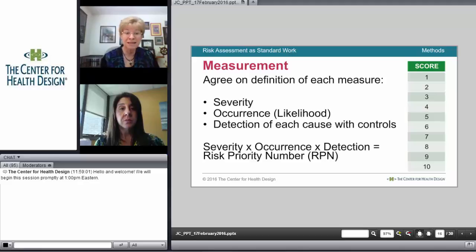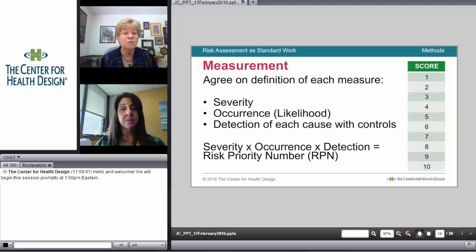A 4 could be that it happens 4 times a year. That way, everybody truly is using the same system. They're not just subjectively saying, oh, it feels like an 8. That's one thing you want to be sure about. And then you multiply each of these numbers. How severe is it? If it's a 10, occurrence. If it's a 4, detection.